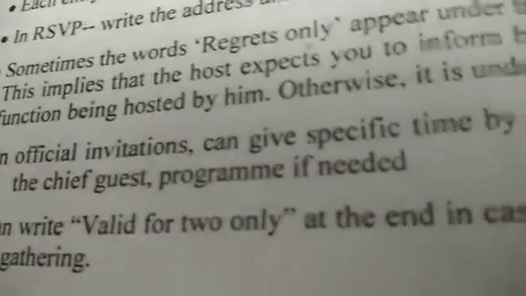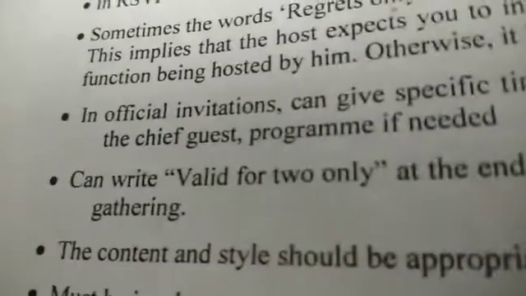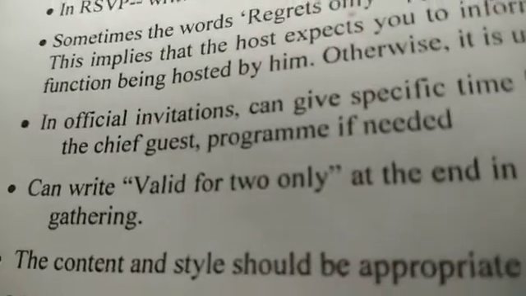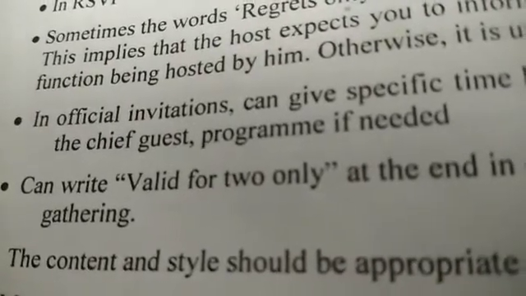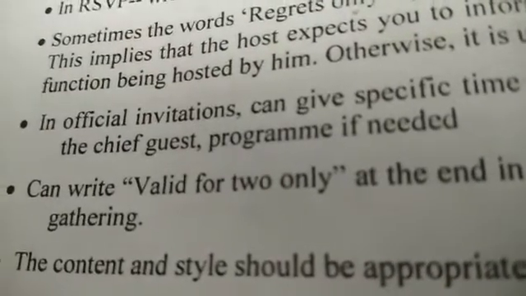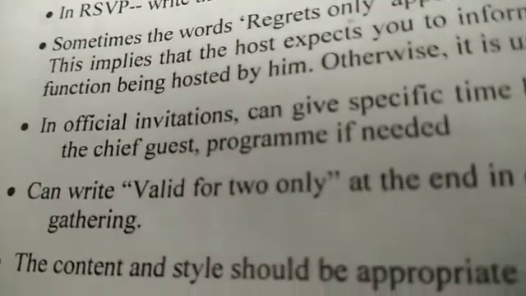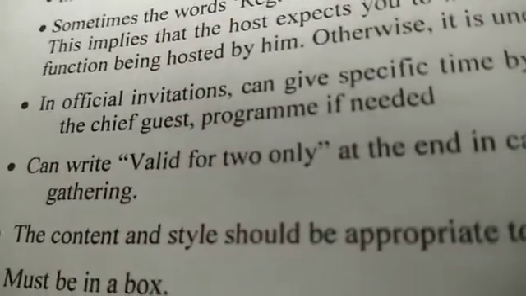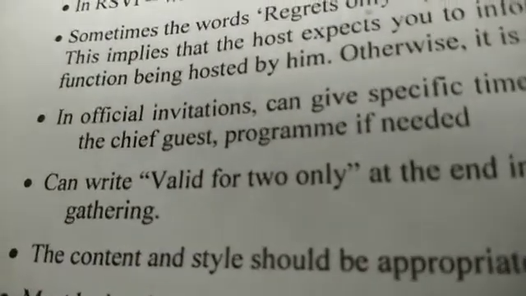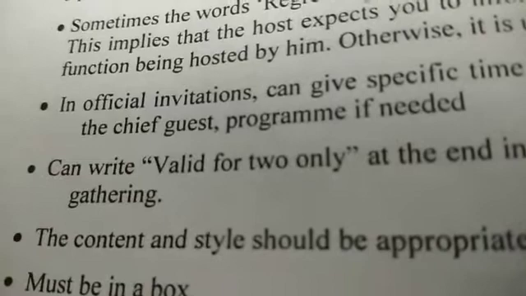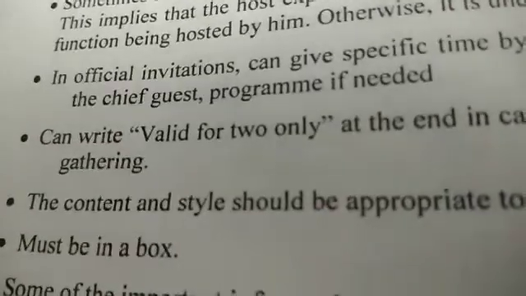Now, in an official invitation, give a specific time by which the guests are to be seated. The chief guest, sometimes the program also can be mentioned. Now, why towards the end do we need to give instructions? Sometimes, take for instance, big dignitaries and VIPs are invited as chief guest.